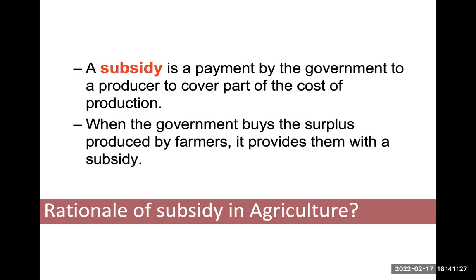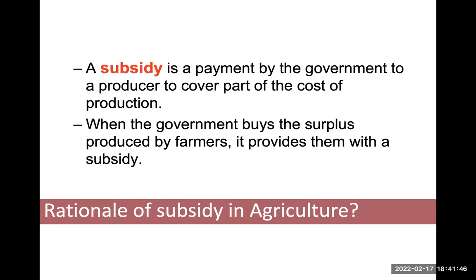When the government buys the surplus produced by the farmers, it would provide them with a subsidy. So this is normally when we say the agricultural sector has met with poverty in terms of its production efficiency.